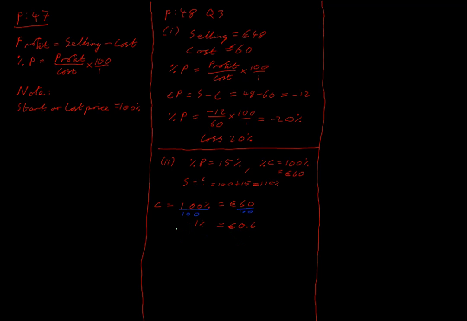Now we want to know what 115% of our cost price is, because that's what our selling price is. So multiply both sides by 115. So we get 115% of our original cost price. We put that into our calculator. We get €69.